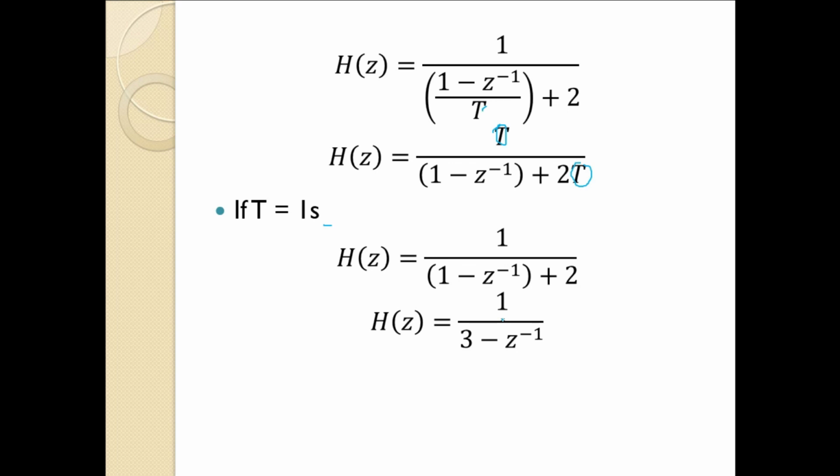And then after you get this transfer function, we can draw it into our realization. So how do you want to draw it into the realization? For example, now we want to draw it into the direct form 2 for this equation. How do you want to draw?